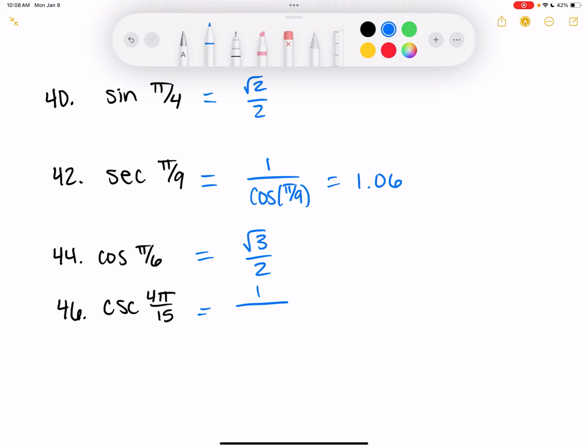You're going to put this in as 1 divided by sine of 4 pi divided by 15. And then we'll round to 2 decimal places, so that's going to be 1.35 for that one.